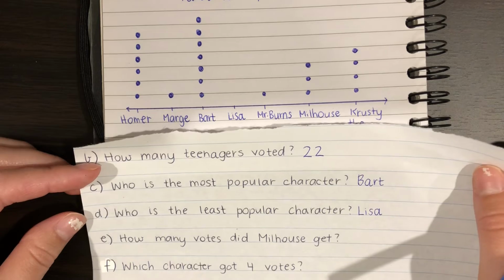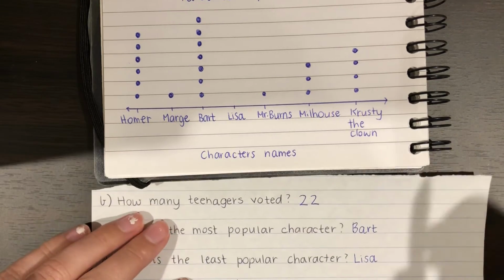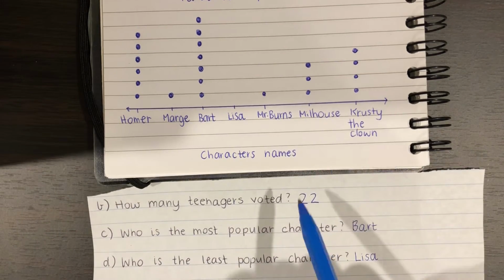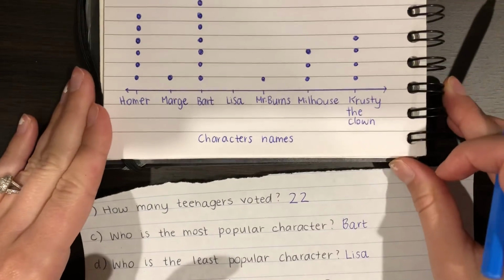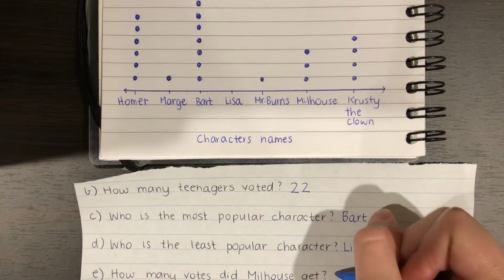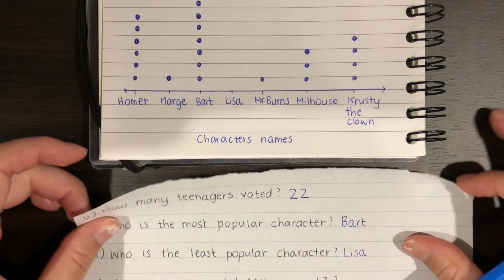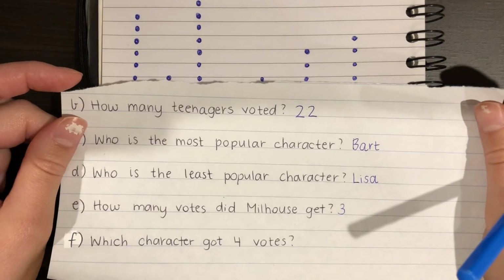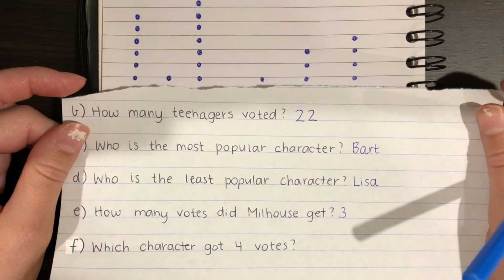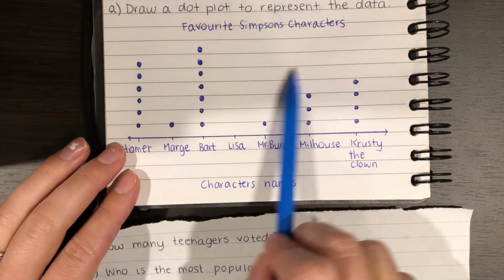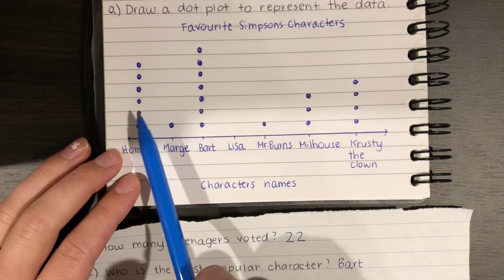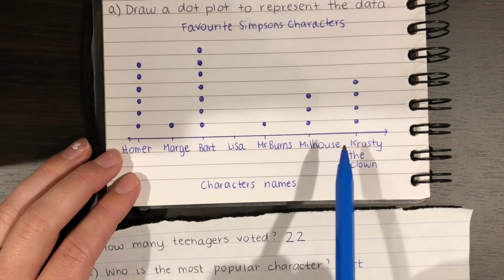How many votes did Milhouse get? Well, we just need to count the dots on top of Milhouse. 1, 2, 3. So Milhouse got 3 votes. And lucky last, which character got 4 votes? So we are trying to find which one of these characters has 4 dots on top of their name.